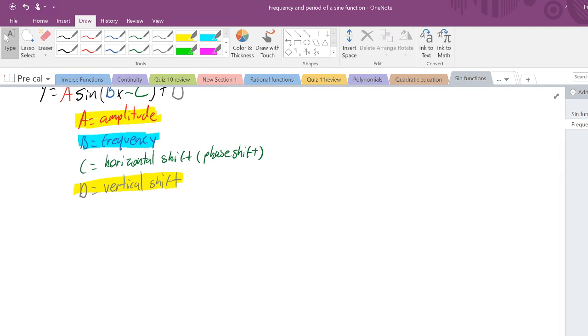So for a period, a period is the length of each wave, the interval.